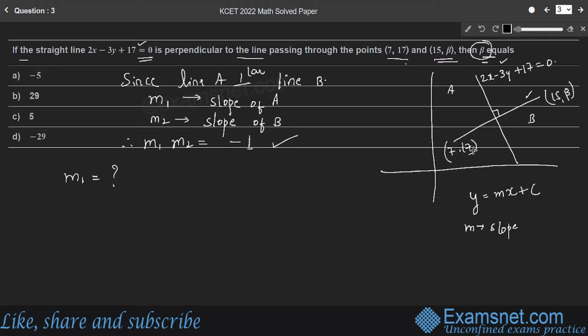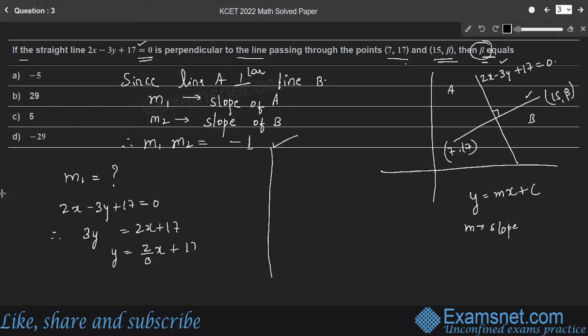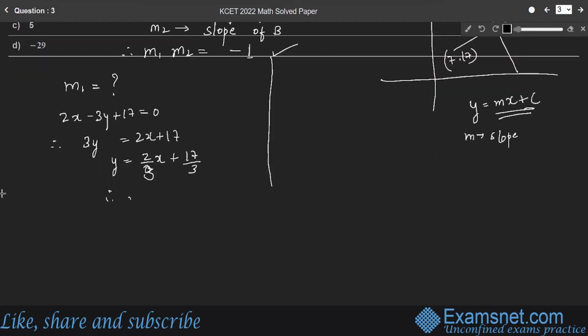Therefore, we just rearrange the first equation. 2x minus 3y plus 17 is equal to 0, so 3y is equal to 2x plus 17. Therefore, y is equal to 2 by 3 x plus 17 by 3, which is in the form y is equal to mx plus c. Therefore, m is the coefficient of x, which is 2 by 3. So with respect to line A, it is m1.